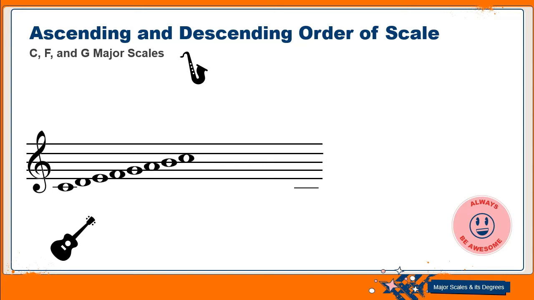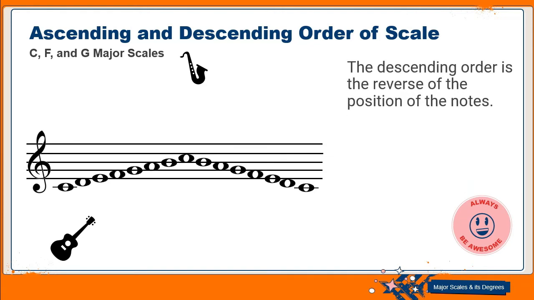We don't skip any line or space when we are using the notes, and we are very free to use any notes that we are convenient with. And also take note that in the descending order, where you now descend from the octave down to the tonic, it is the reverse of the position of the notes of the ascending order.